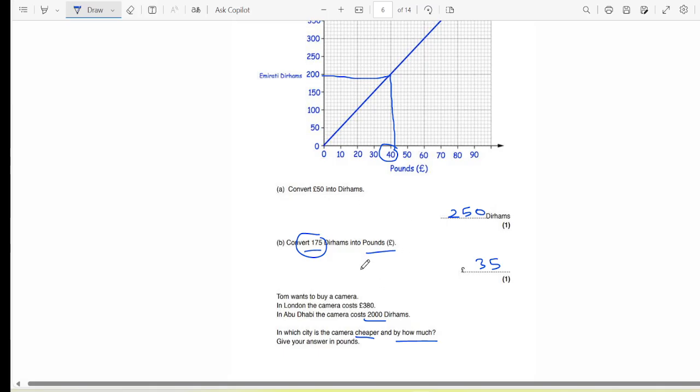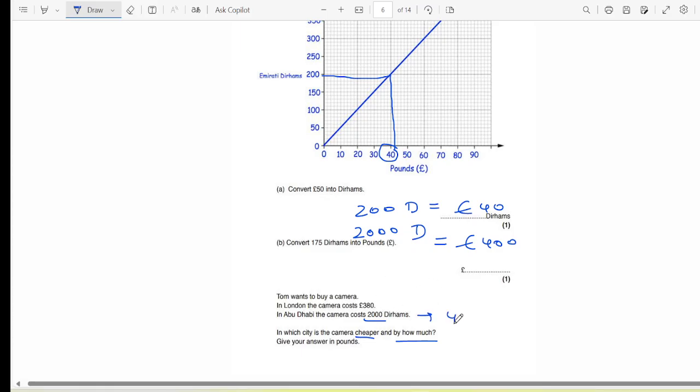So I can write that, let me erase everything. 200 dirhams is 40 pounds, right? So if I add one more zero here, that means 2000 dirham is equal to 400 pounds, right?